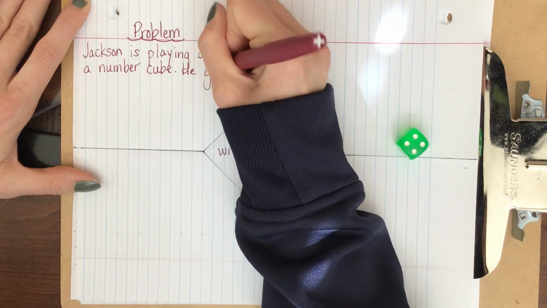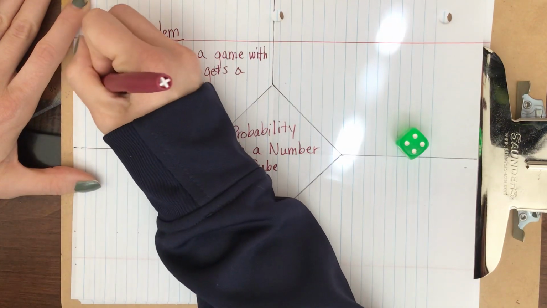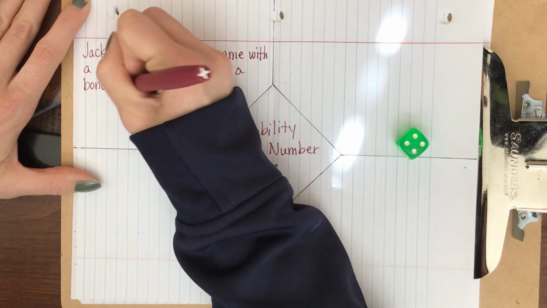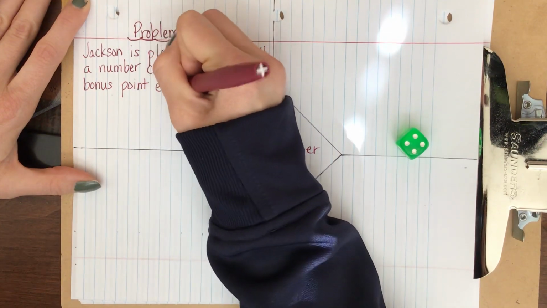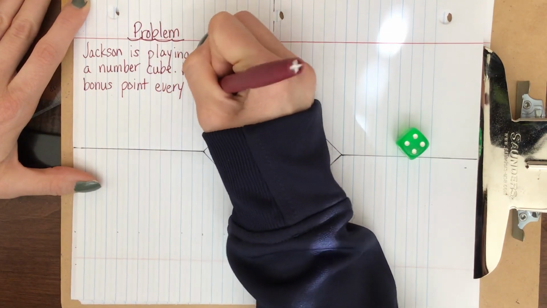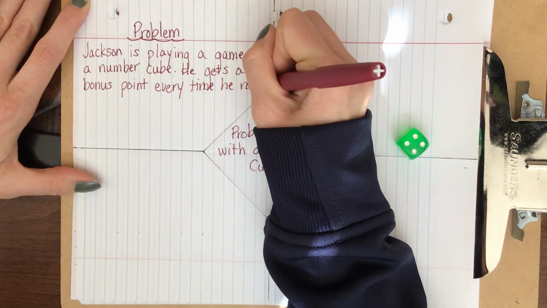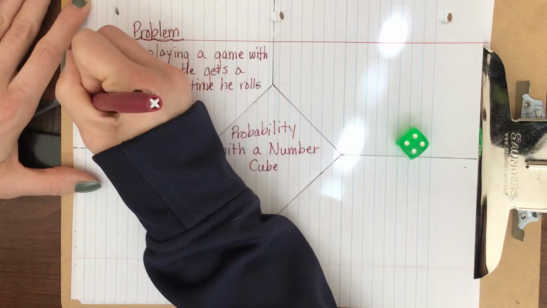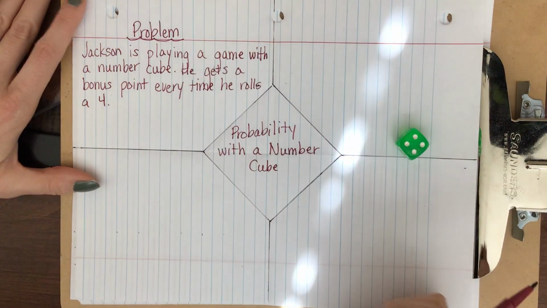He gets a bonus point every time he rolls a 4. Okay, so this is our problem.